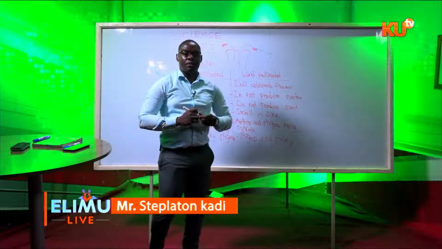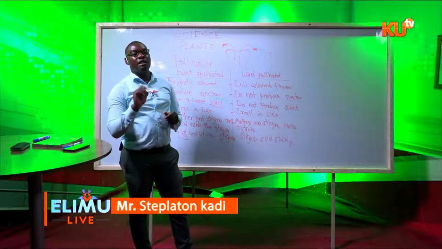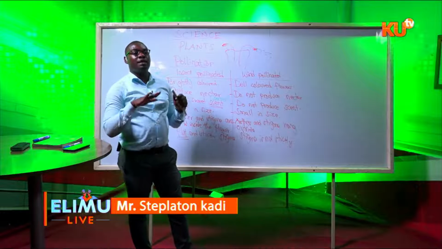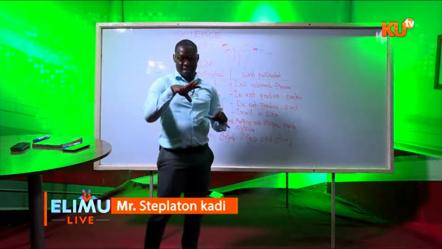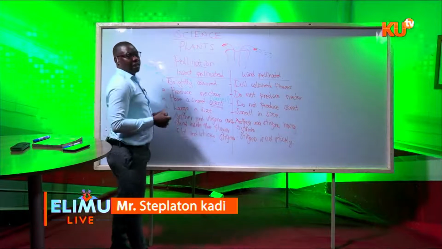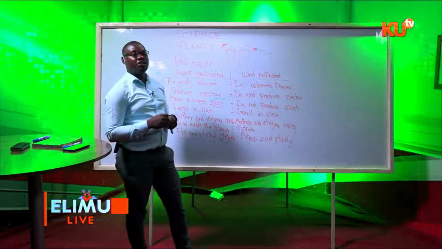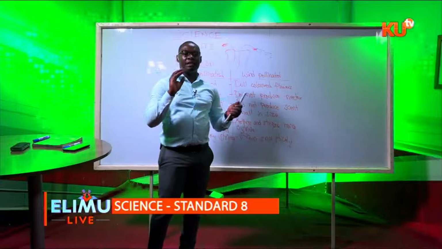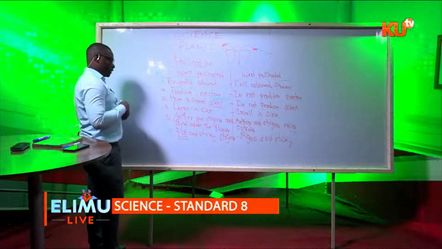The reason the stigma is flat is to give the insect a good landing surface. So as it's looking for the nectar, it can easily land on the flower. And it is sticky so that in case the insect is carrying some pollen grains on its body, the pollen grains will stick to the stigma. That does not apply to wind-pollinated flowers.